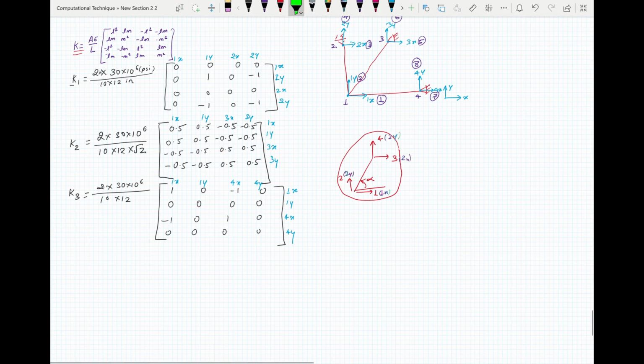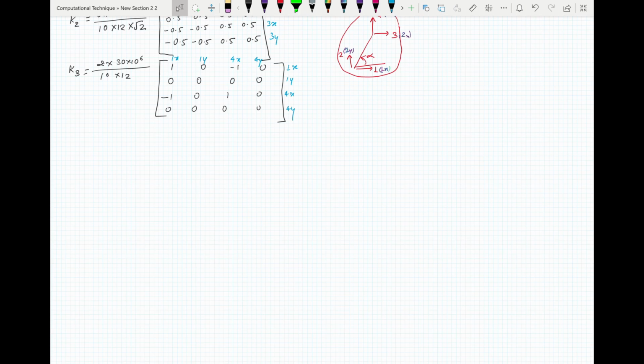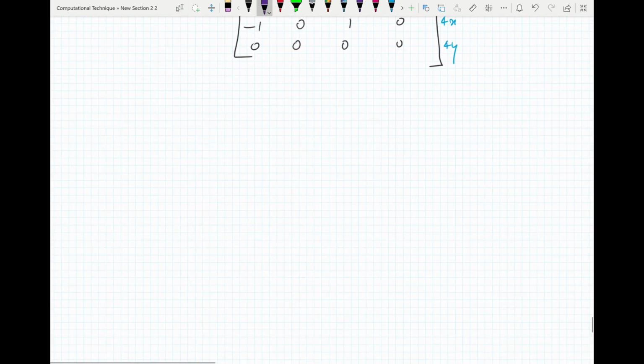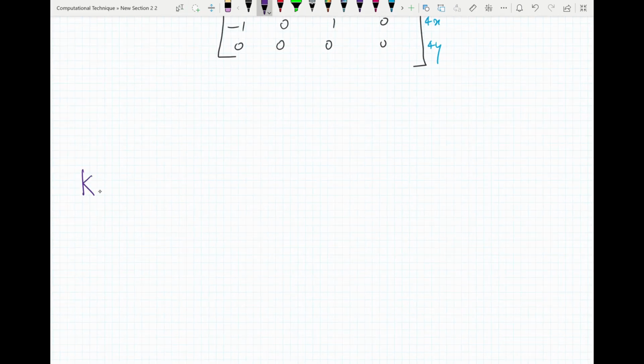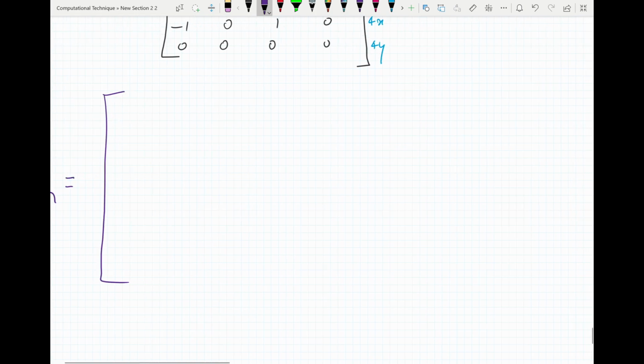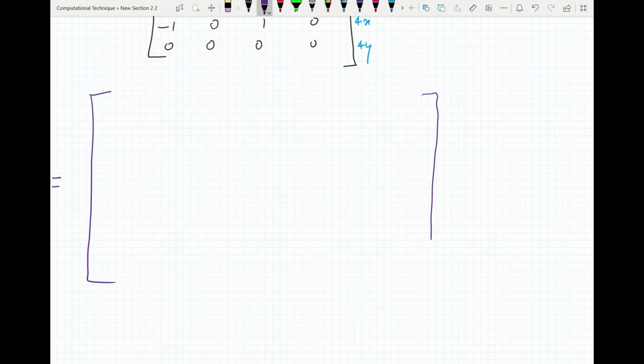Now this matrix is also based on your degrees of freedom. Let's write our global matrix, which will be equal to Kg. Now for this case, what we have to do is we have to write all of our degrees of freedom.